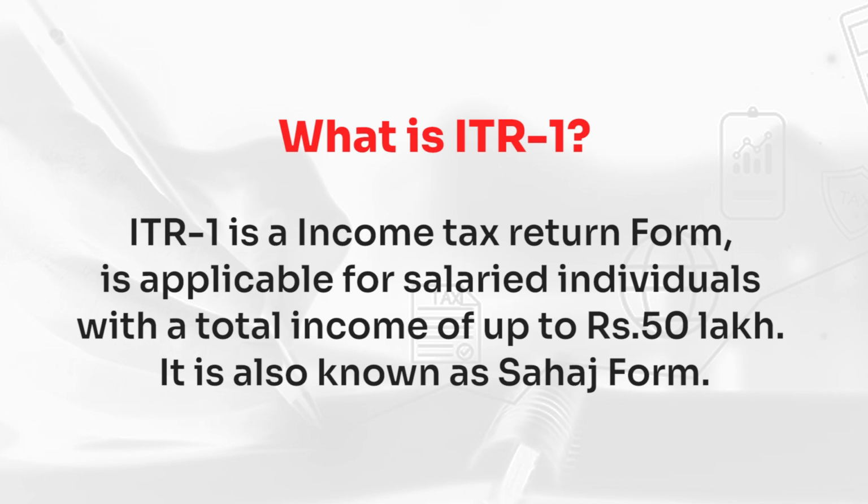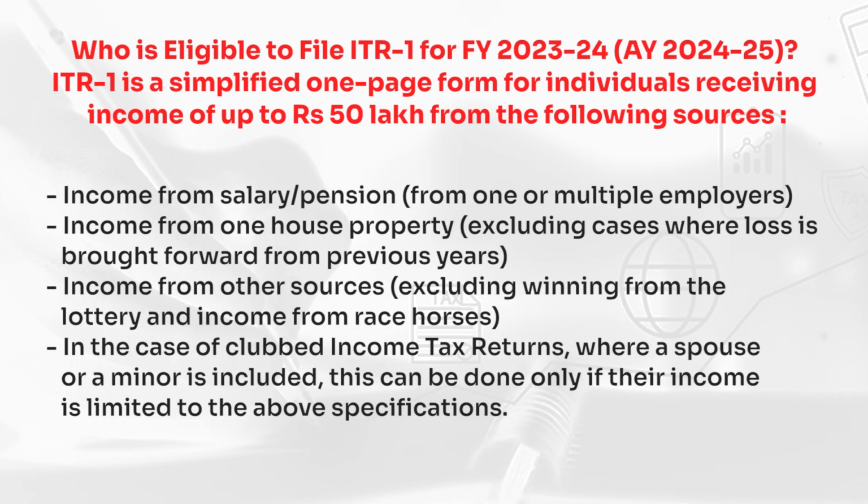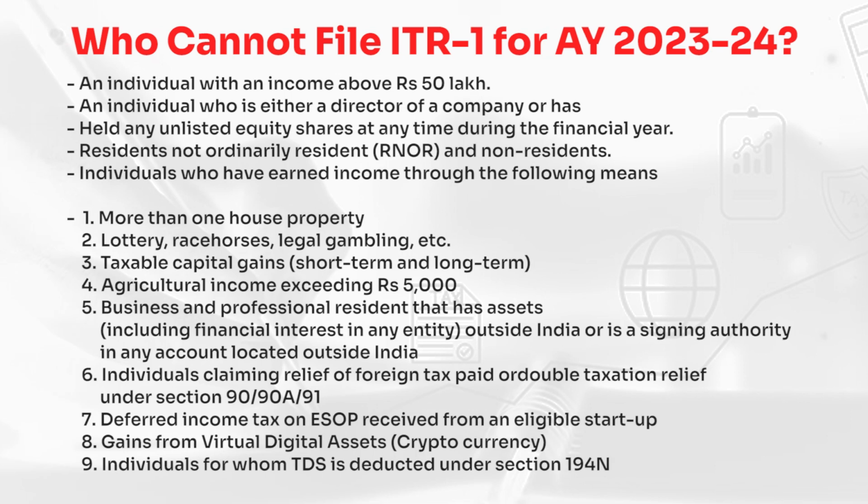It needs to be filed by individuals who are earning salaries, who have income from house property, and who also have income from other sources. Income from house property can either be the rental income generated from their rented out house property, or the interest paid by the individual on the housing loan taken by them.